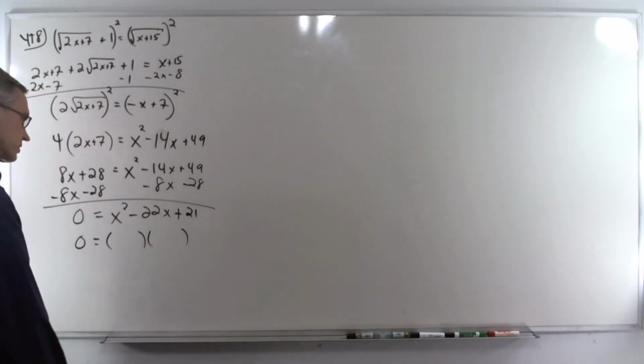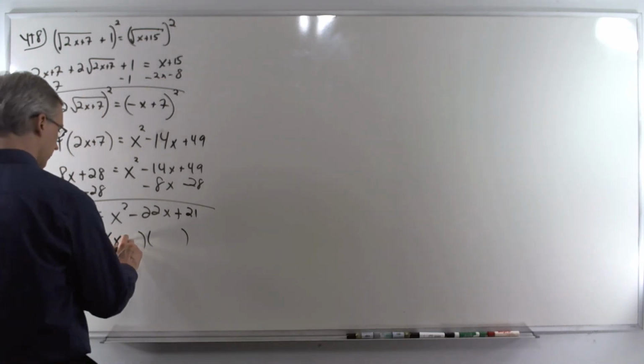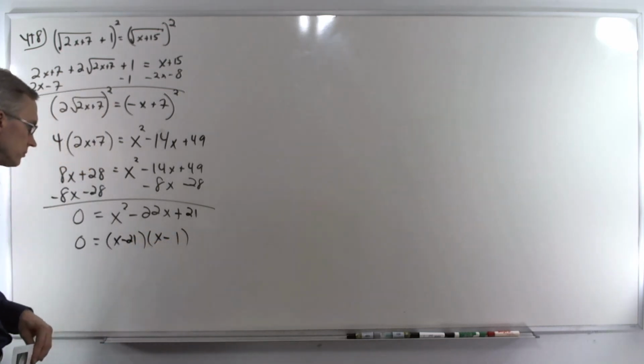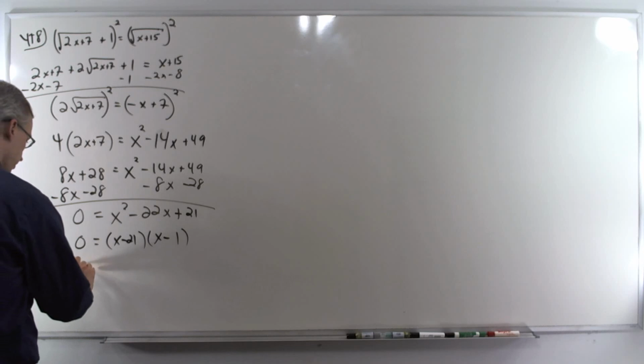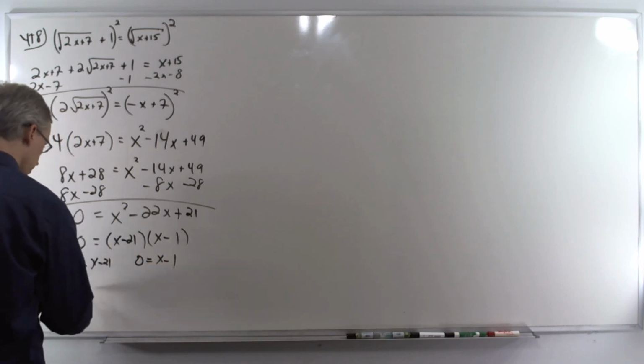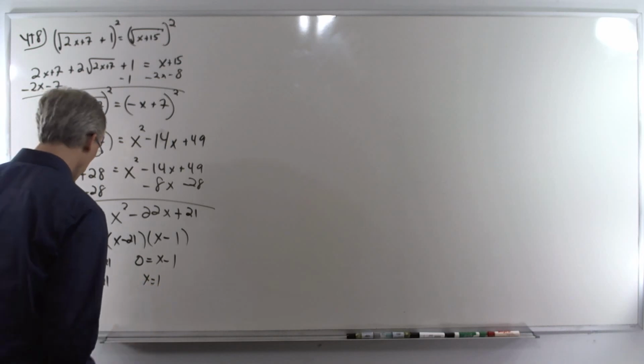Now factoring this, we're going to do x minus 21 and x minus 1. Setting these to 0 individually, we got 0 equals x minus 21 and 0 equals x minus 1. Solving these, we get x equals 21 and x equals 1.